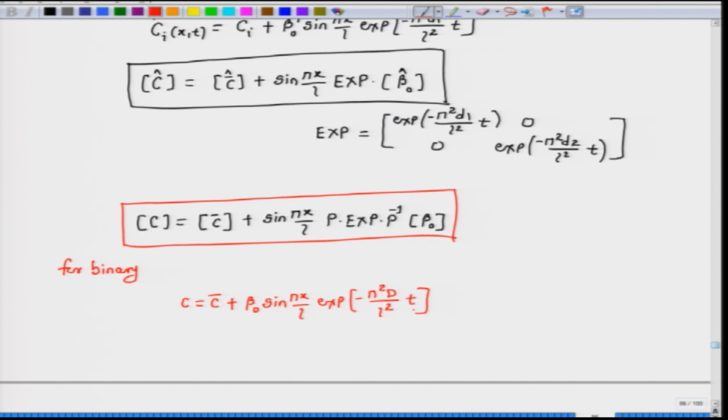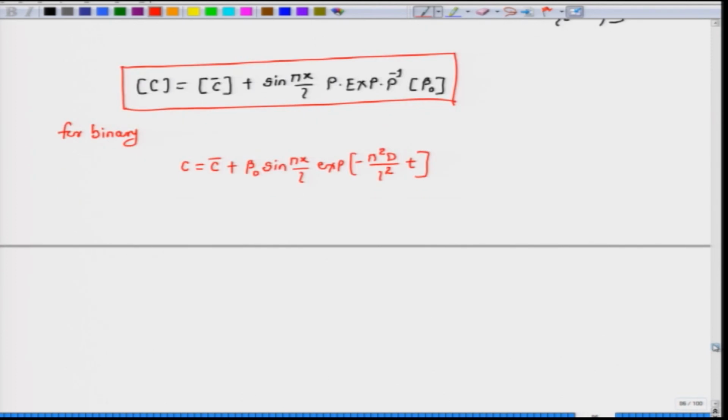And typically this exponential term is written in the form of exponential of minus t by tau. So, this is written as C bar plus beta 0 sin pi x by L exponential of minus t by tau, where 1 by tau is basically pi square d by L square, and it has a unit of per second. 1 by tau has a unit of per second, d is meter square per second, L square is meter square.